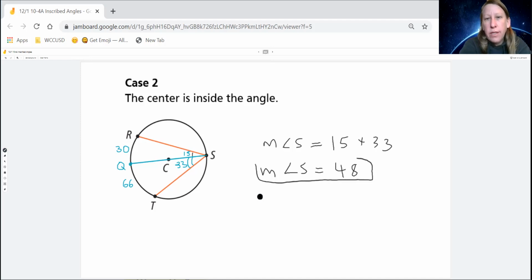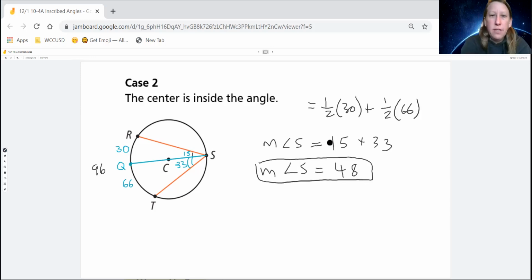Now, how does that relate to the intercepted arc? What is the intercepted arc? Angle S is intercepting arc RT. What's arc RT? 96. Okay, where did this 15 come from? It came from us taking half of 30. And where did the 33 come from? It came from taking half of 66.